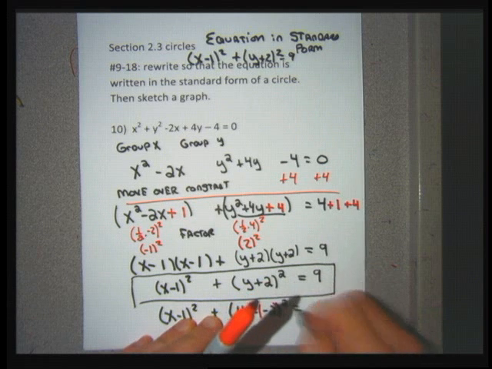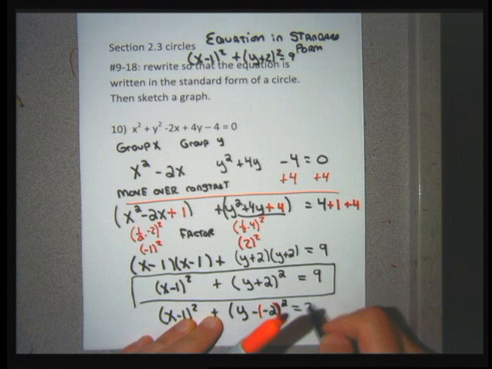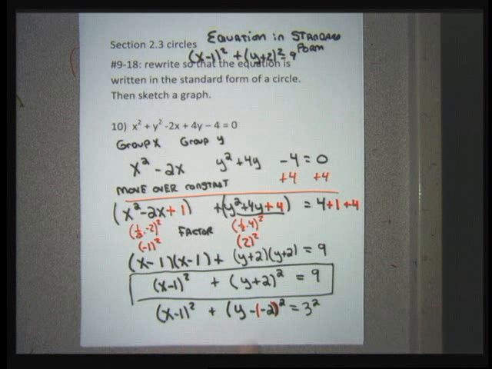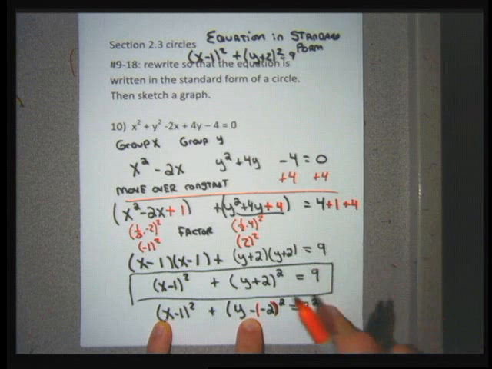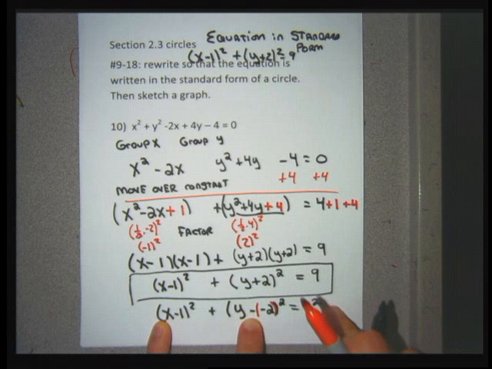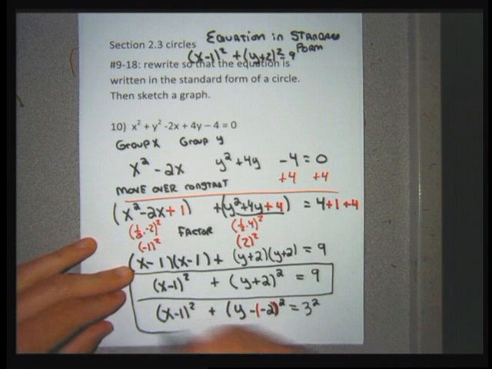Similarly, to the right of the equal sign, standard form has a square there, and I know that 9 is 3 squared. So if it bothers you that standard form says you need to have a minus in the parentheses and a square to the right of the equal sign, you can transform this into that, and this is probably nicer for graphing. So now I've got the equation written in standard form. Either this or this are both acceptable.